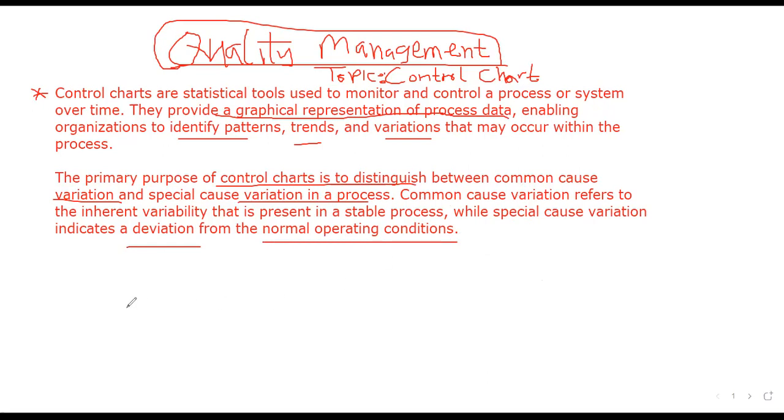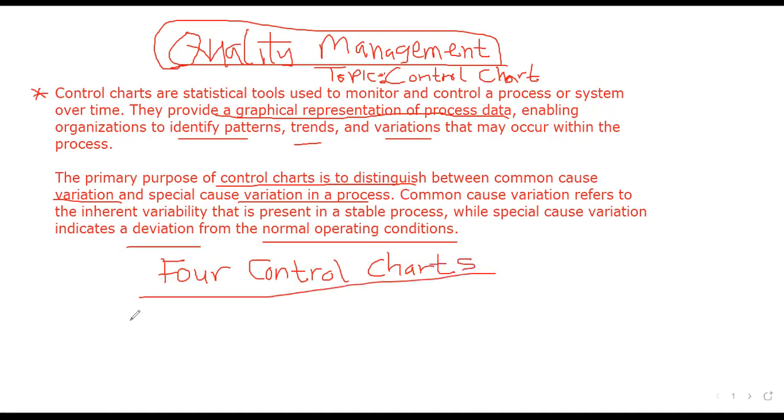Now, there are 4 control charts. The first one is the R chart.